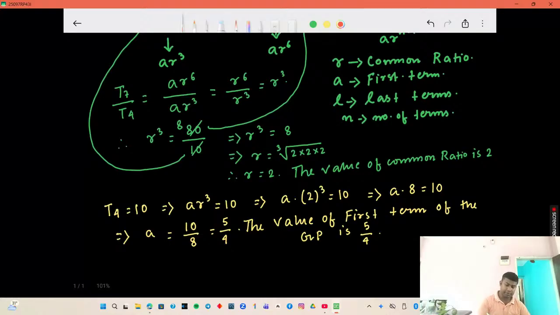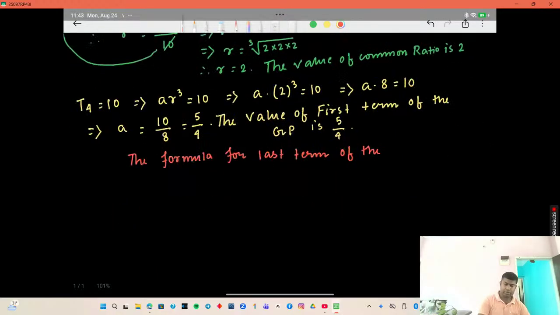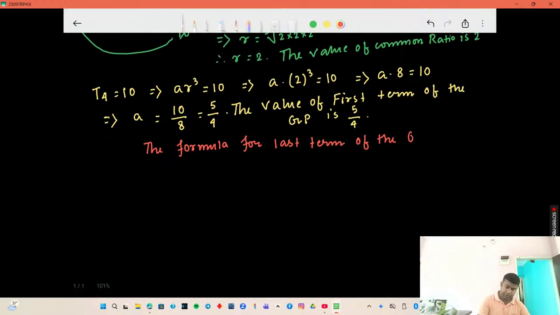The formula for the last term of the GP is L is equal to A into R to the power n minus 1.